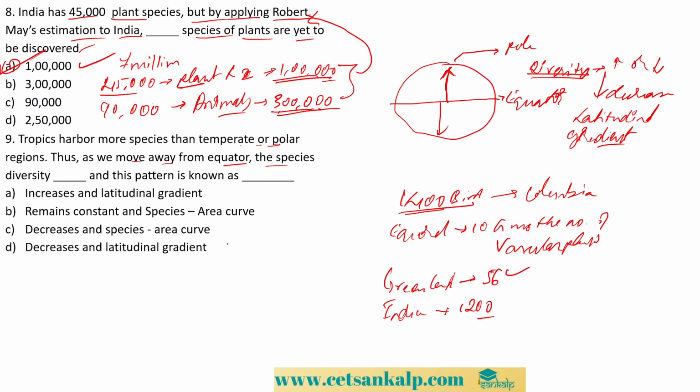For example, if you consider the Amazon rainforest, it has around 40,000 plant species.